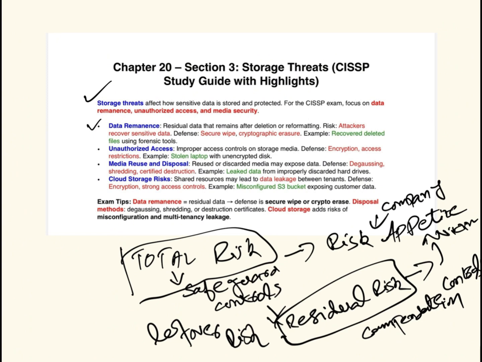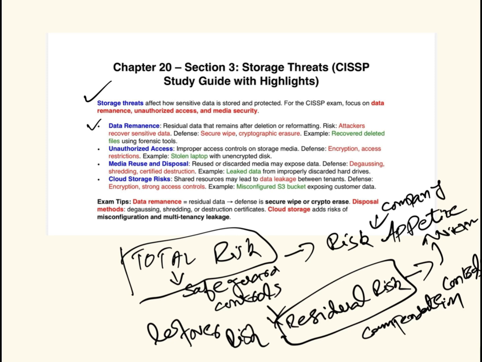When you place the controls, but there is still some residual risk left, and that is not within the company's risk appetite, then you need to have some additional controls. Compensating controls are used to mitigate risk when a standard security requirement cannot be met due to practical limitations, such as legacy systems.